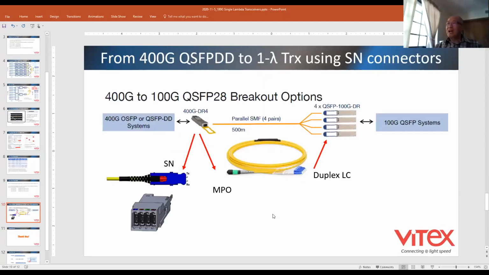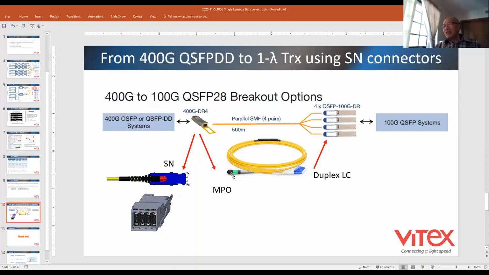The last slide, I just want to put it up, and there are two different ways to do this breakout. You can see 400G QSFP-DD DR4 is a perfect interface to the single lambda DR. So basically, you have two interfaces.